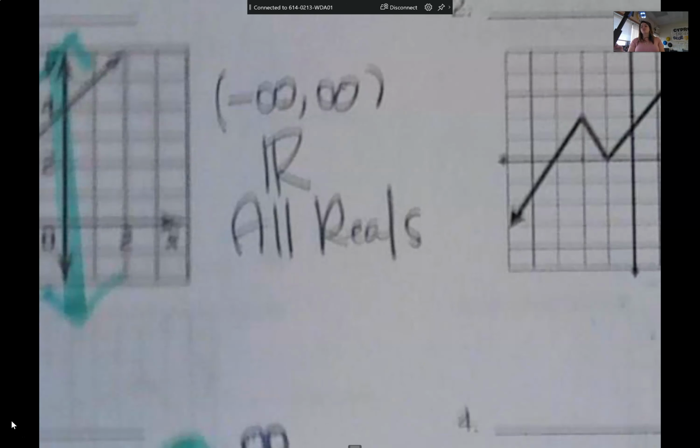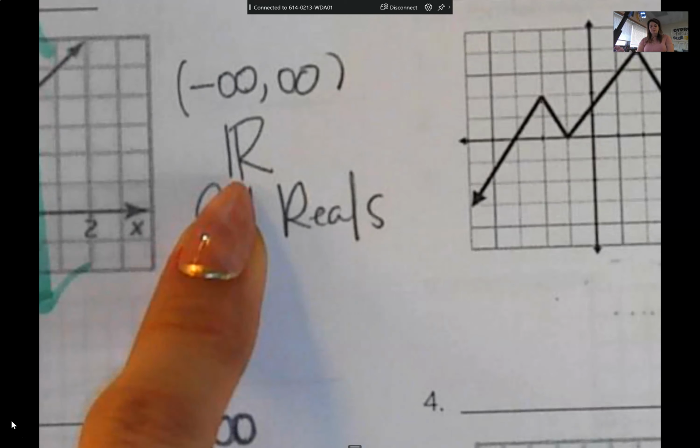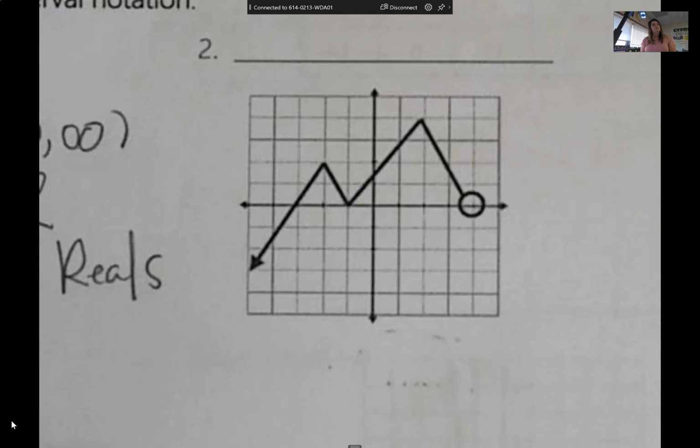All reals. There is no inequality. The inequality is this fancy R. You guys are doing great. Let's try this guy.